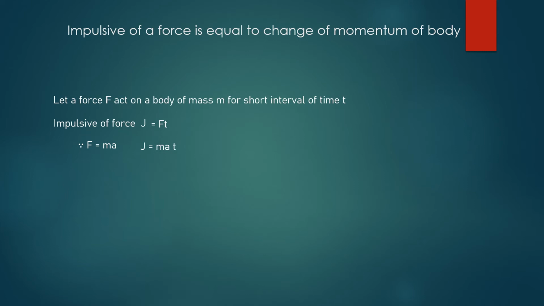From the equation of motion, we can write a is equal to (v minus u) by t. What happens next? J is equal to mv minus mu, which is the change in momentum. So we can show that impulse of a force is equal to the change of momentum of a body.